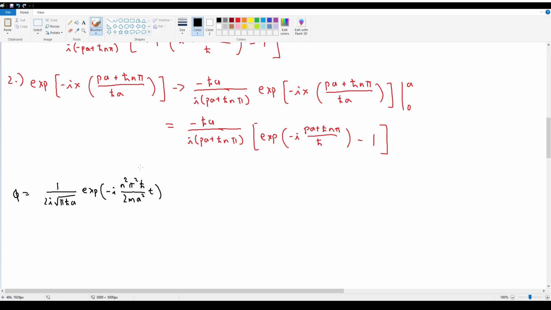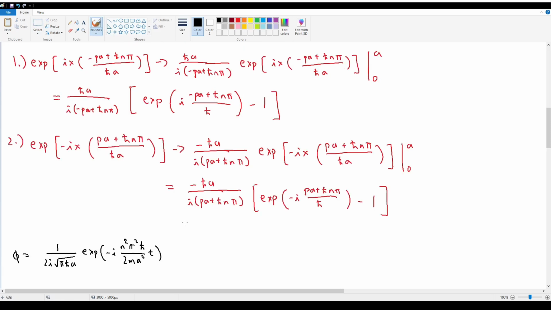And then now you are going to multiply by h bar times a over I negative pa plus h bar n pi, exp of I negative pa plus h bar n pi divided by h bar subtracted by 1.